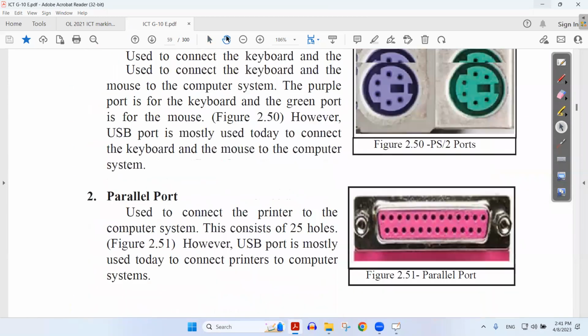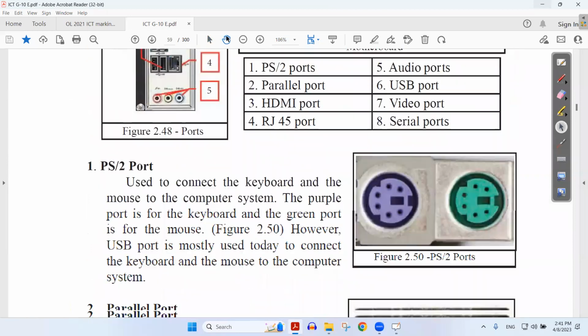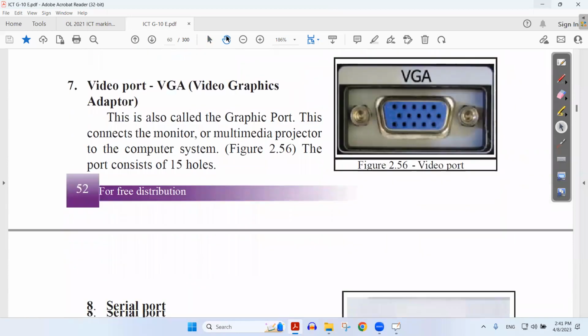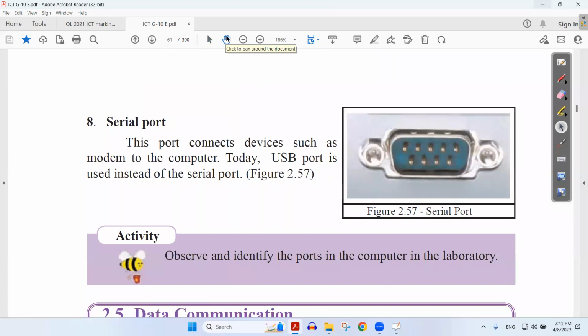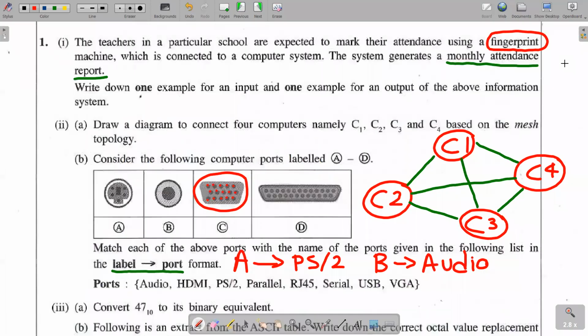Serial, yeah, it has only 9 pins, not holes. All right, so C is going to be a VGA. So C, it is VGA.